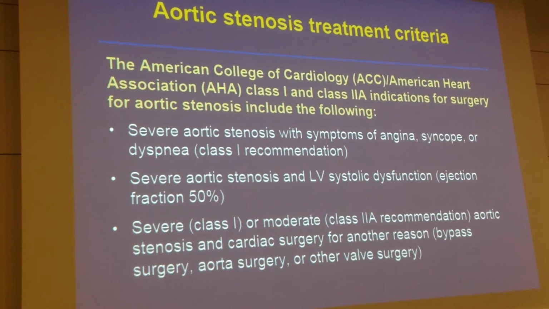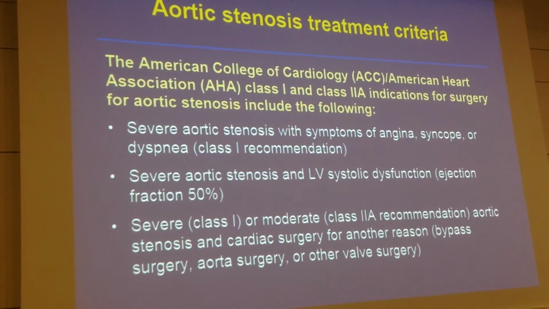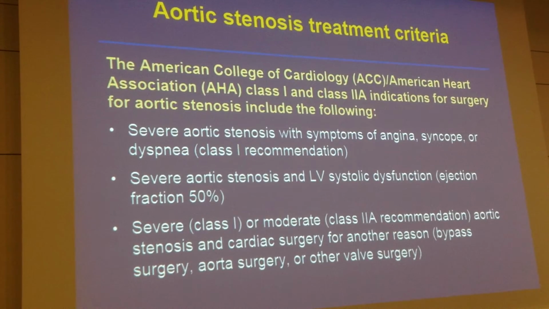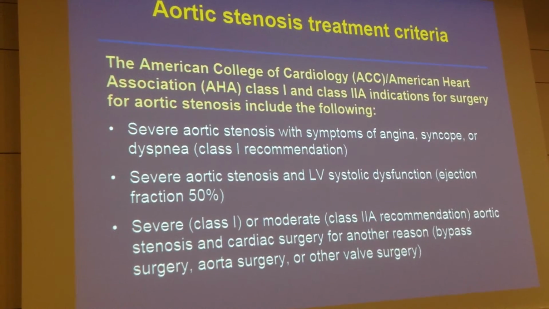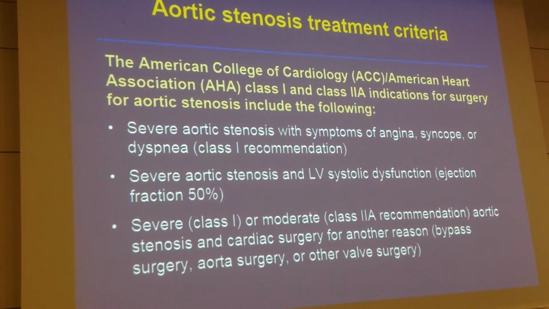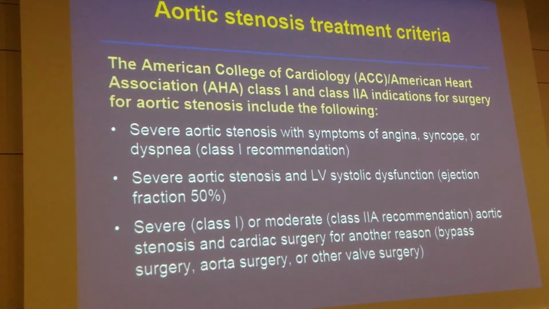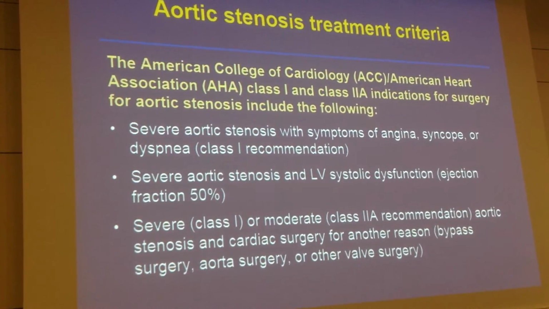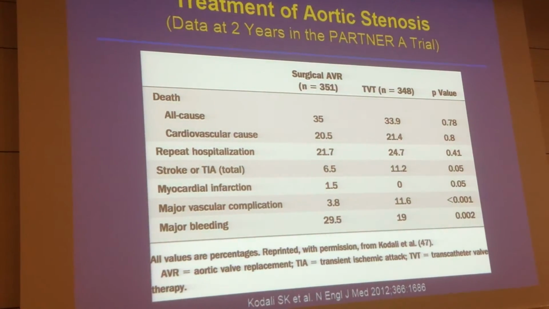And if you have severe to moderate aortic stenosis together with a coronary artery disease that needs bypass surgery, of course, this is also an indication to do both things together and not to be obliged to operate on a patient half a year later due to this aortic stenosis.